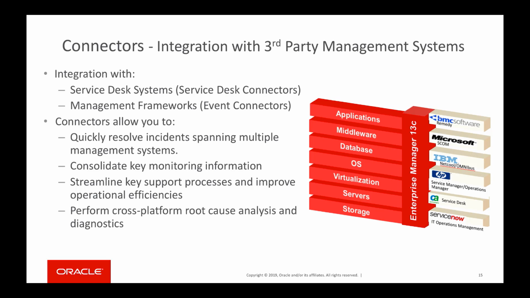And unlike the service desk connector that has a specific purpose, which is to create a ticket and follow up, event connectors, on the other hand, can be used for more generic purposes. The connectors that are available in Enterprise Manager are shown on the right-hand side of the screen, but I have more details on the next slide, so let me show you that.